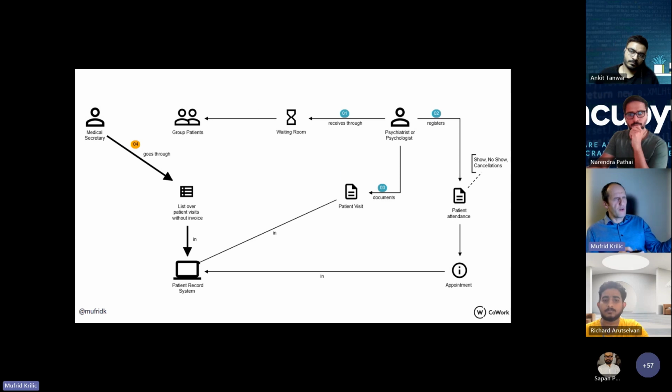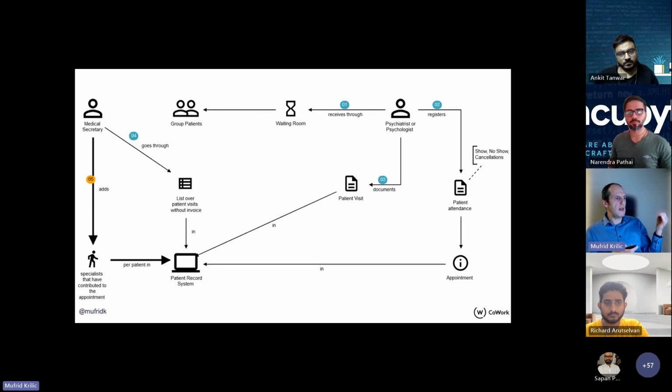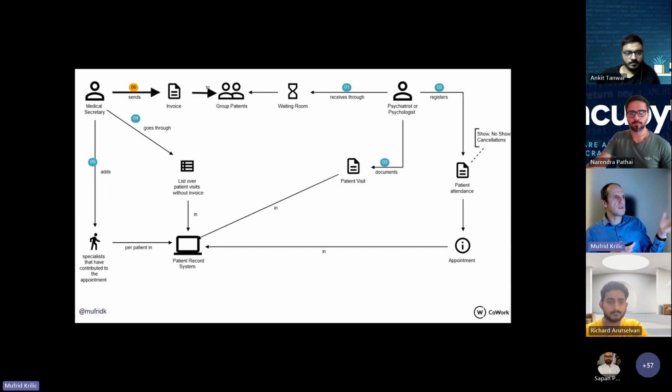And then the medical secretary will complement the already existing registration in the patient record system with, okay, what happened with the visits? There are visits without invoice, and add some other specialists that have been involved but have not been registered, and will send the invoice to the group patients. So this is the use case explained using domain storytelling.